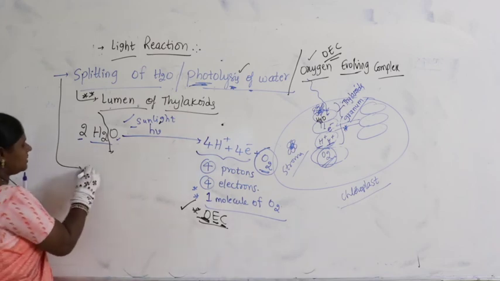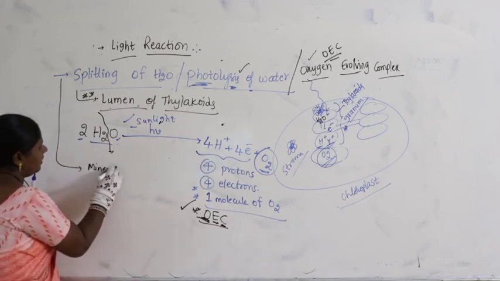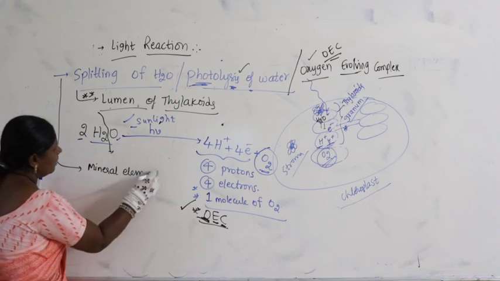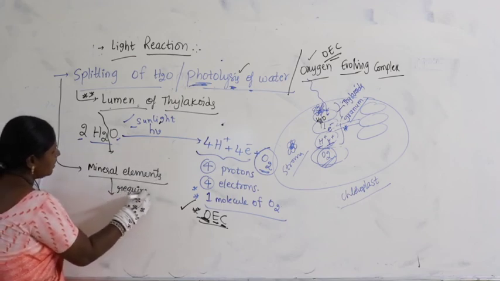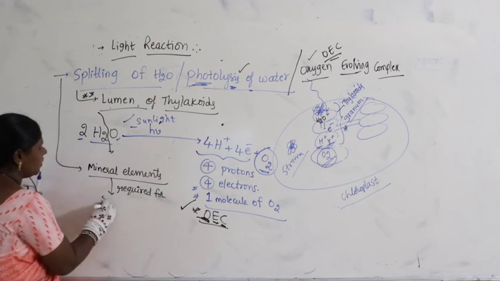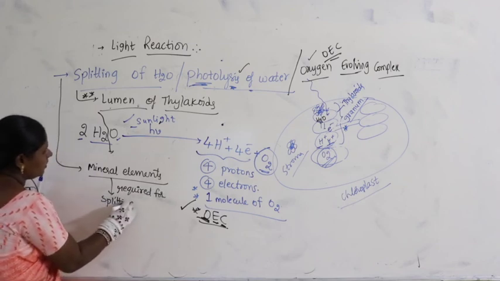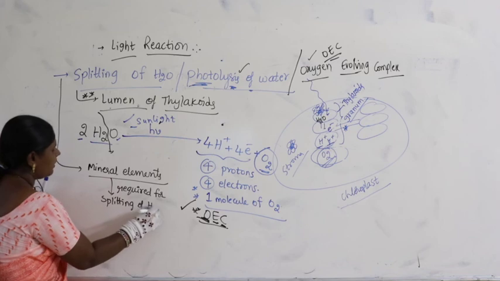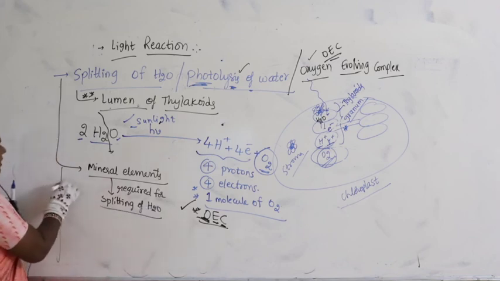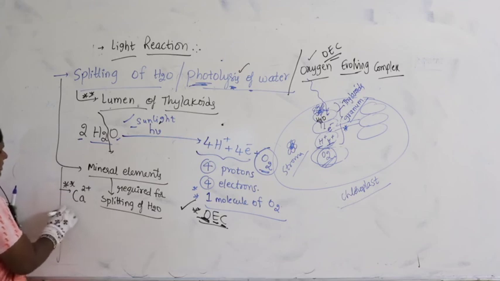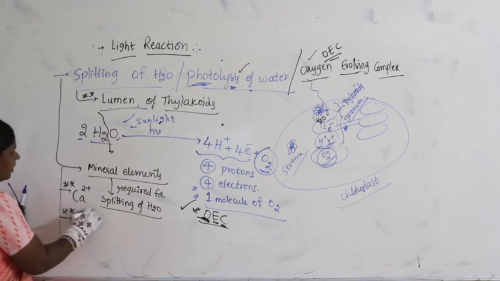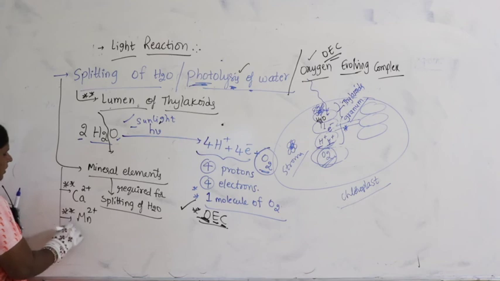So the mineral elements required for splitting of water. What are they? Very importantly, calcium, manganese, Mn2+, including Cl-.